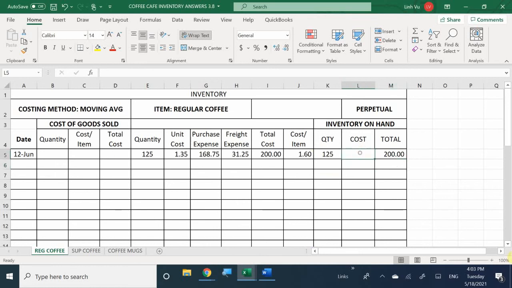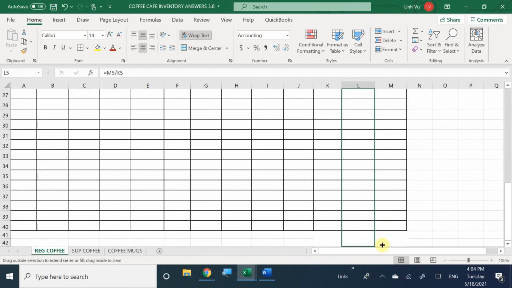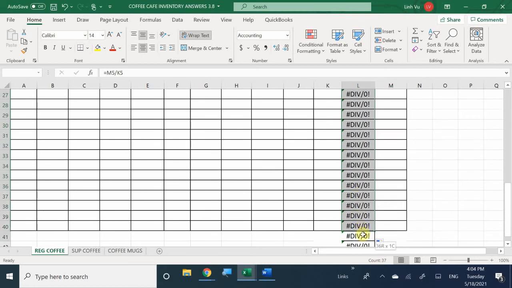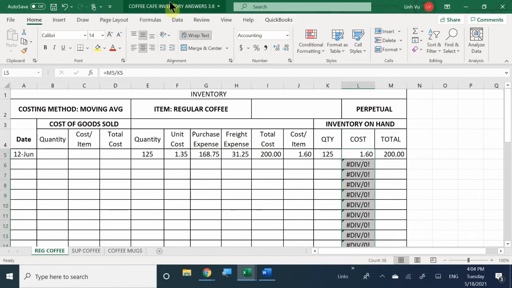In this case, your formula will be your total cost divided by your quantity. And there we have it. I would extend it all the way down the page so you always have the formula there. I'd also like you to extend it out so you can view as many decimal places as possible, so you know for sure whether it's a rounded number or not. For this class, we will be taking a look at equal round.